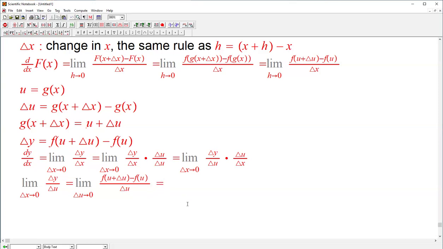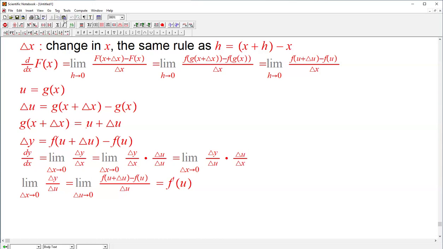So what is this? This is actually the derivative of f with respect to u. So that's the first part. This piece has a limit. This individual limit exists. How about this piece? Delta u over delta x, right?